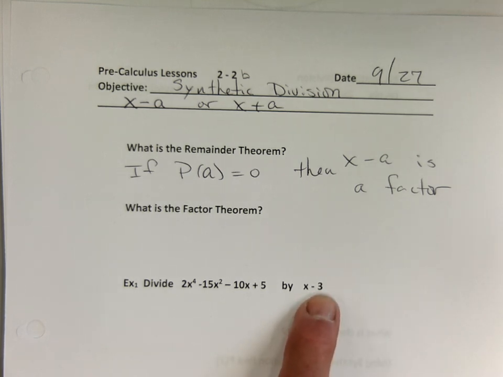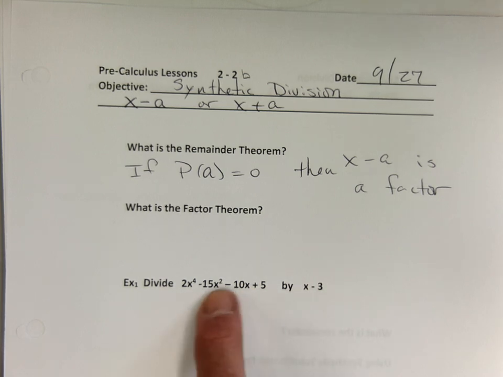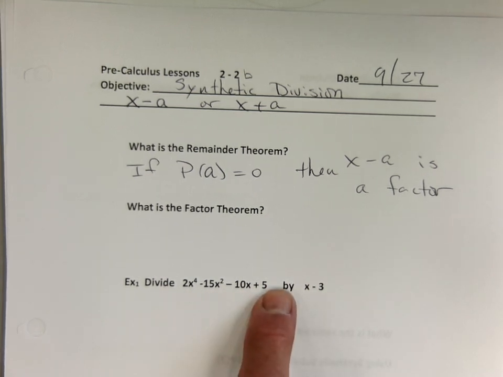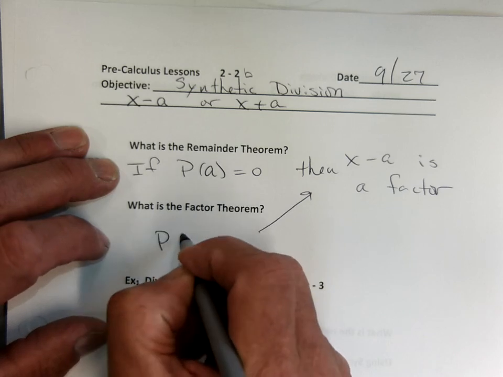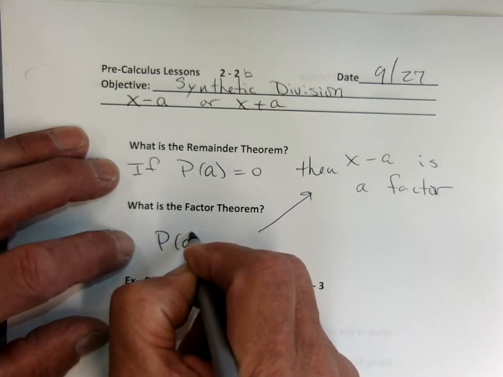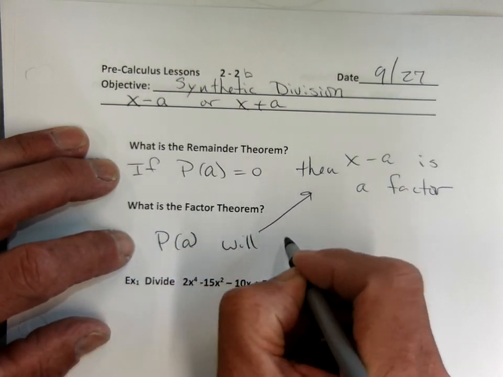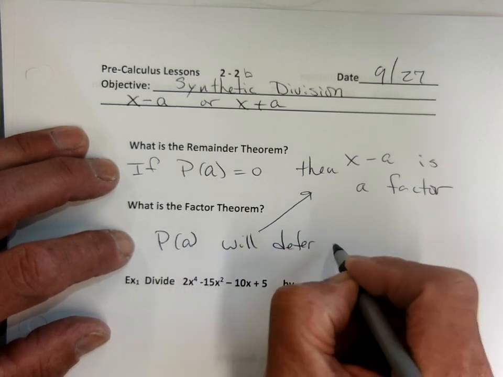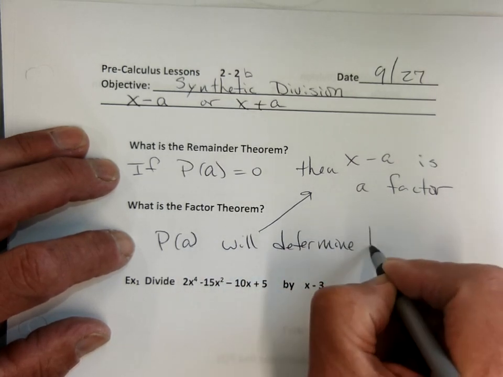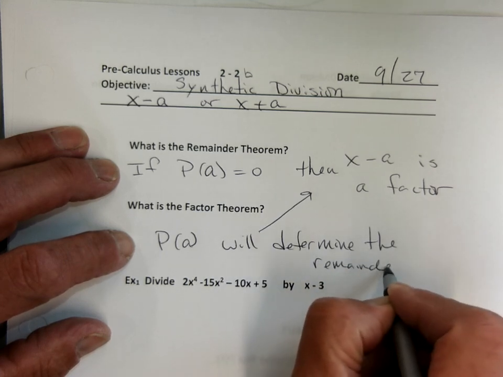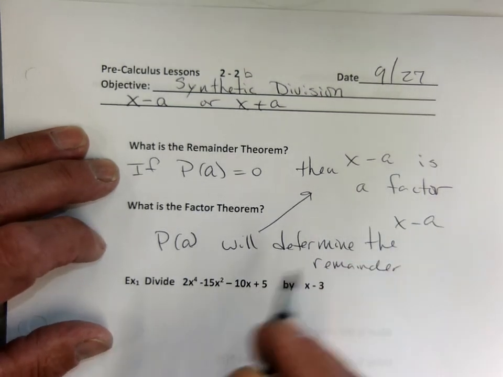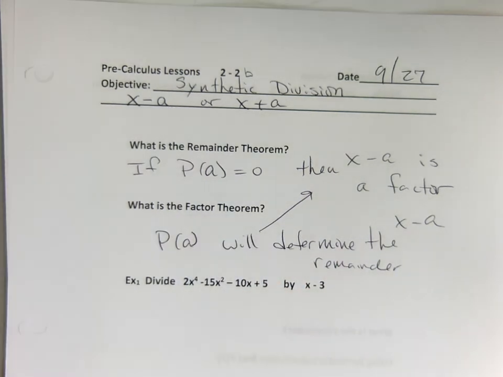So then we know that if I were to put in -3 into here, and +3 in here, whatever I get, if I get 0, it's a factor. If not, okay. So actually I said that backwards. So P of A will determine the remainder. If you divide by x minus A, you put P of A, it'll tell you the remainder. That's all it is. Okay?